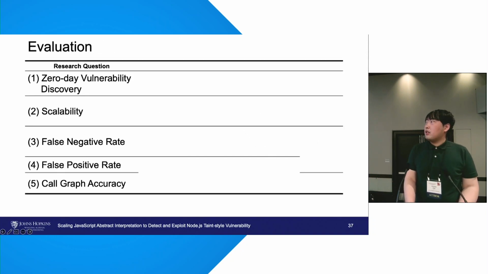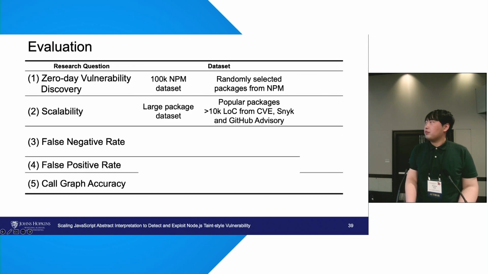In our evaluation, we answer 5 questions: zero-day vulnerability discovery, scalability, false negative rate, false positive rate, and call graph accuracy. For zero-day vulnerability discovery, we prepared a randomly selected NPM package dataset.